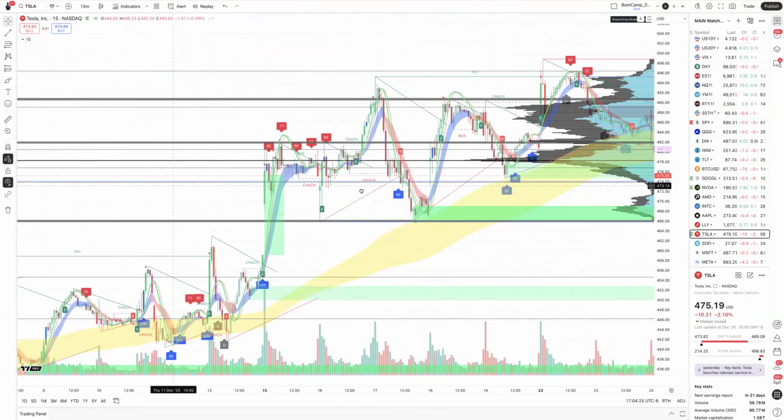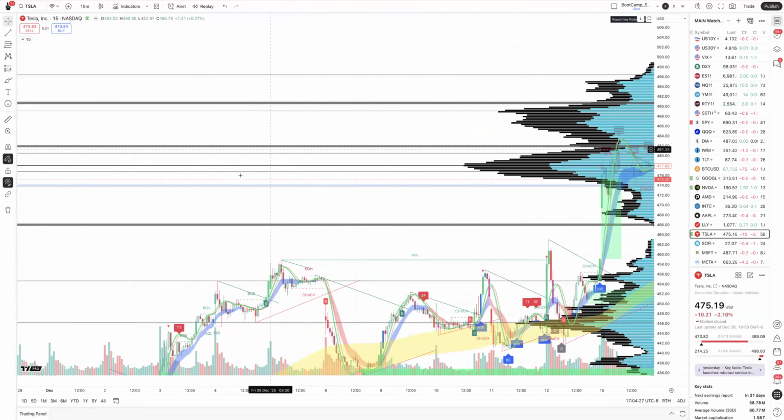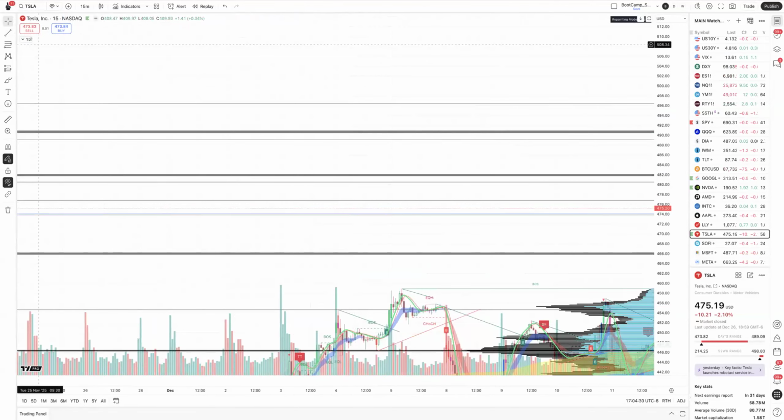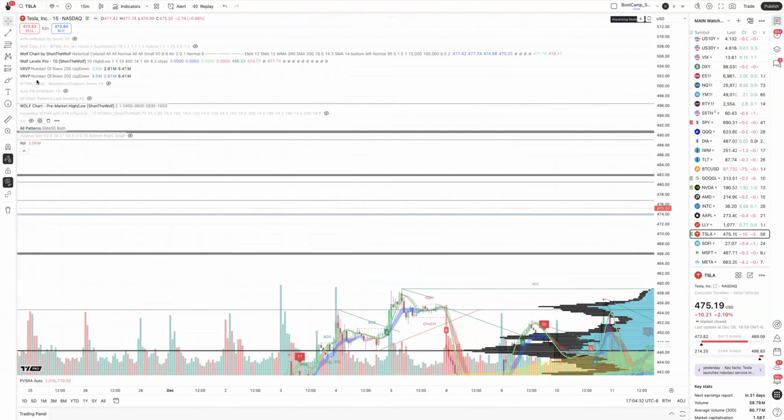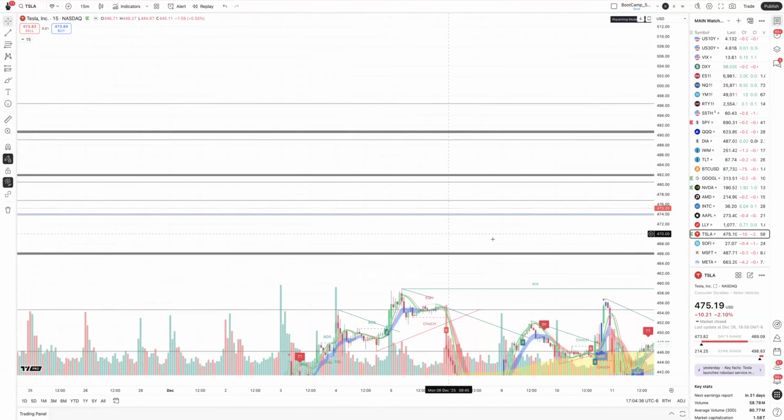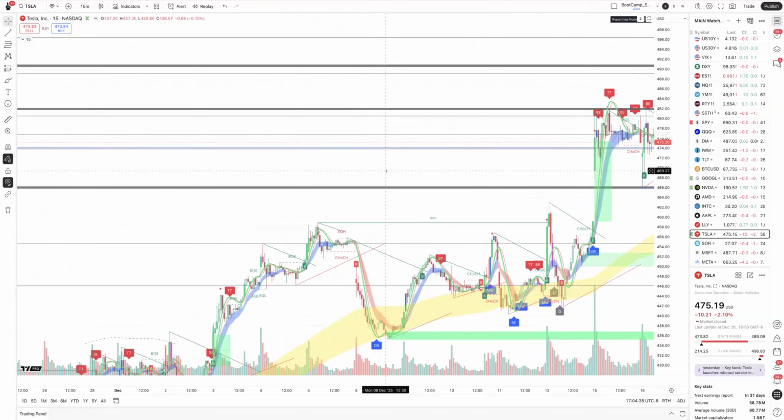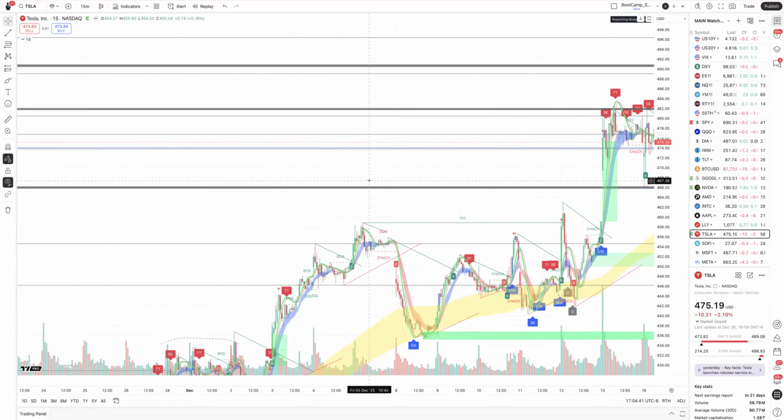Let's move this chart over to the right, and we can look over here. I'm gonna turn my VRVP off for a second so we can focus on these lines. This is what'll help you to know when the trade setup looks good. So you see between this thicker historical support and resistance line.